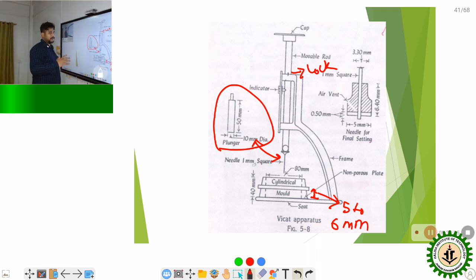And the time gap required to make it 5 to 6 mm resistance from the base is known as the initial setting time.